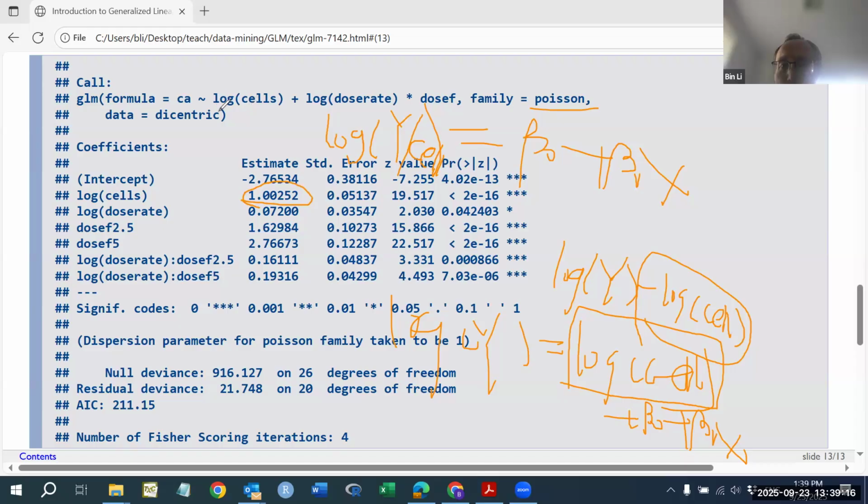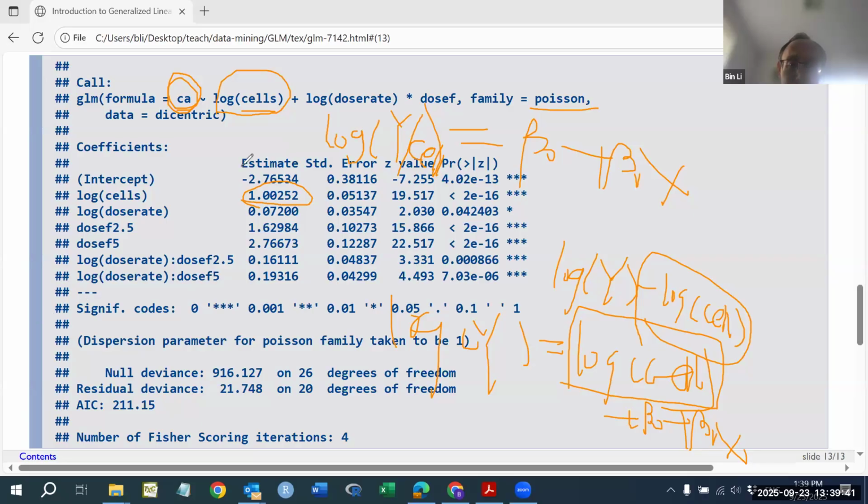So this implies what? This term has a coefficient very close to 1. So this implies that instead of modeling the cell counts, the number of cells that have the abnormalities, we should model the rate, which is the CA divided by the cell. You see that?